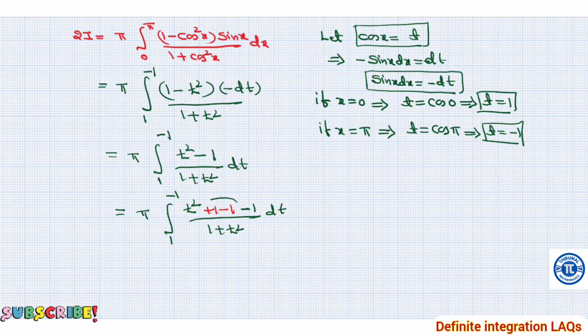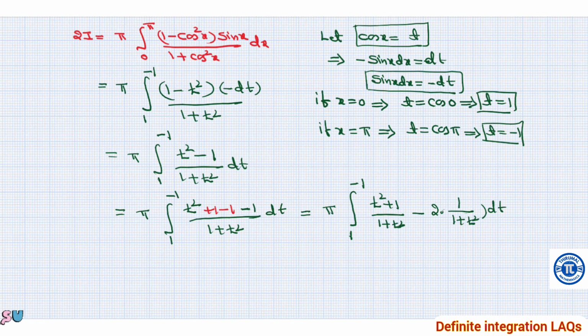These two values add here, plus 1 minus 1, the value cannot be changed. It is equal to pi into integration 1 to minus 1 of t square plus 1 by the denominator 1 plus t square, minus 2 into 1 by 1 plus t square, dt.